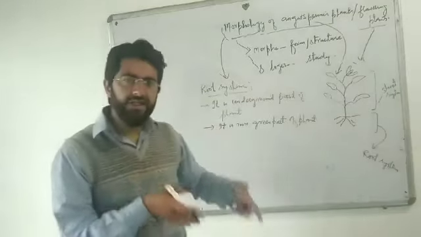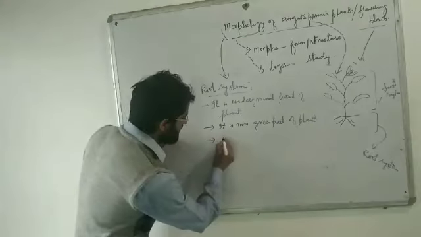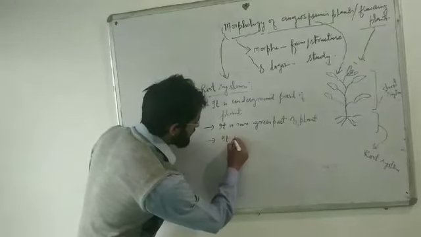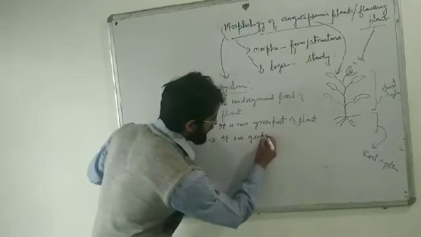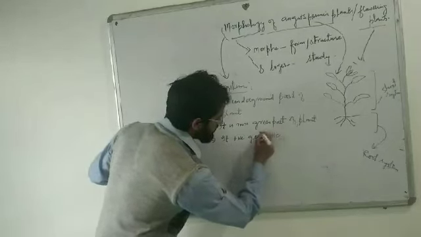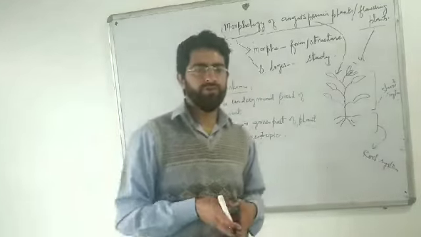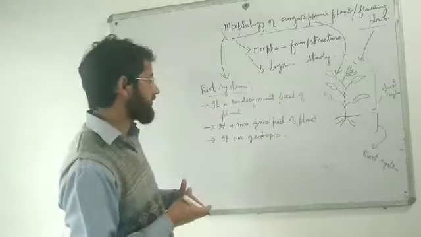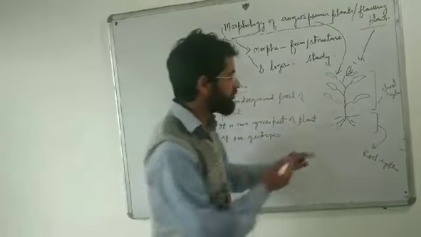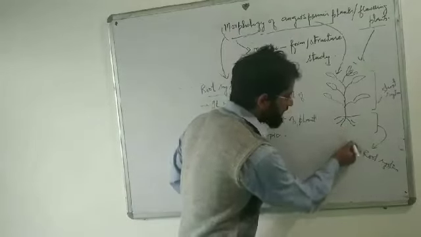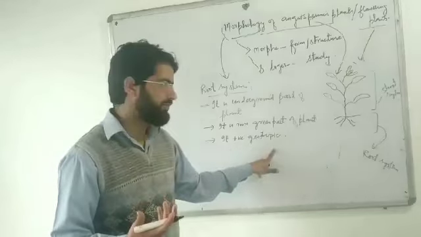Third, it is descending towards the center of gravity. That means it is positively geotropic. Any object which shows its movement towards gravity, we call positively geotropic. The root system of plants usually grows towards the center of the earth. That is why we call them positively geotropic.